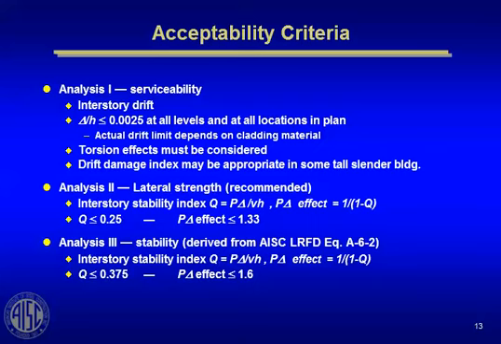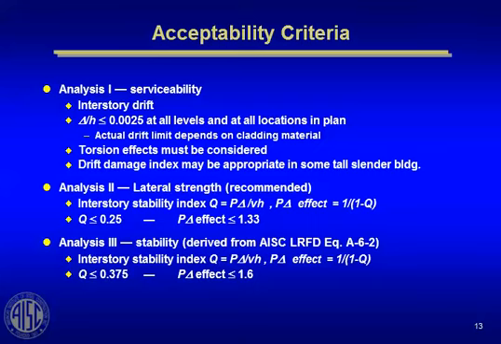So there is some data that exists, but basically what's missing, of course, is all the myriad of cladding systems that exist today and what their drift limits are that cause damage. But for want of other information, I would suggest that 1/400 is a fairly reasonable number. It's worked, and therefore that might be a good limit to use.